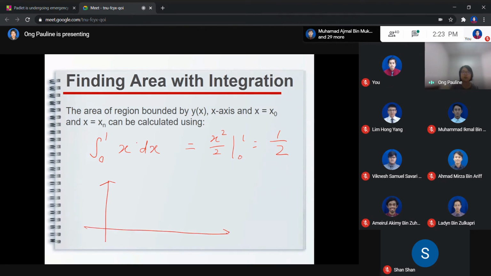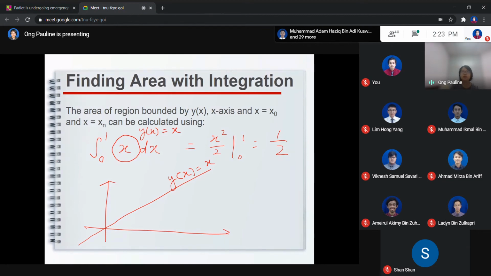If I try to illustrate this, this is the function y(x) equals x. If I plot the graph, you should know that this is the function y(x) equals x.